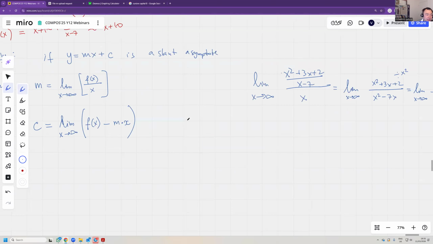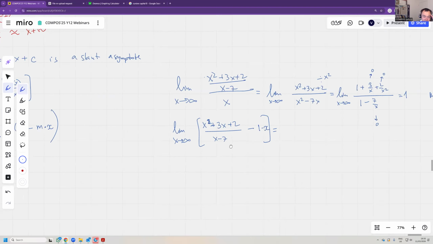Okay, let's check. So the limit as x tends to infinity of x squared plus 3x plus 2 divided by x minus 7, minus m, which is 1, multiplied by x, right?